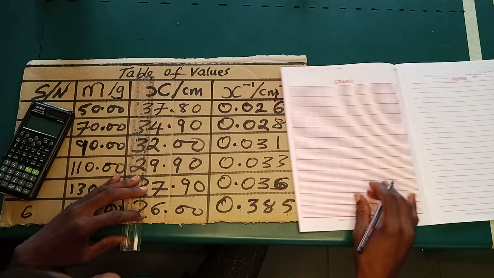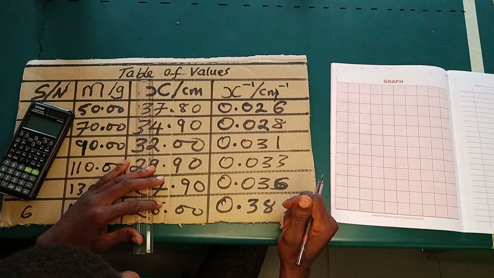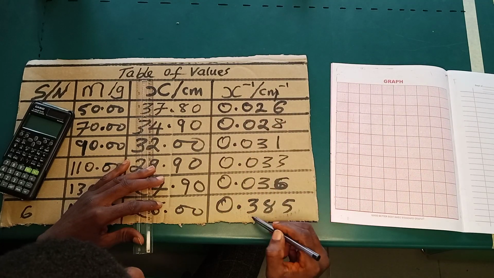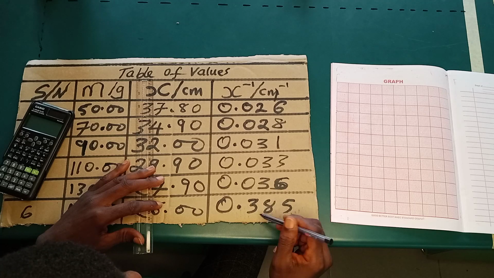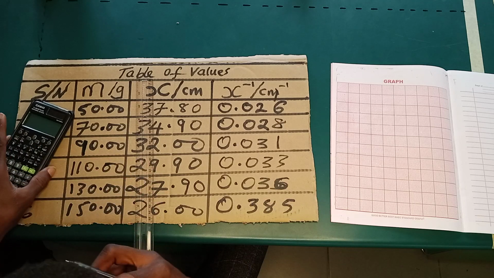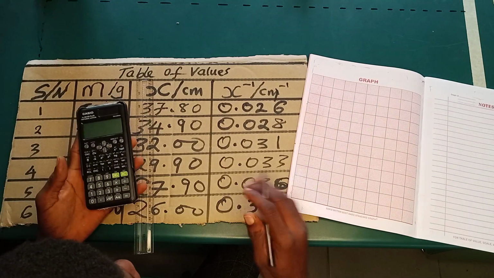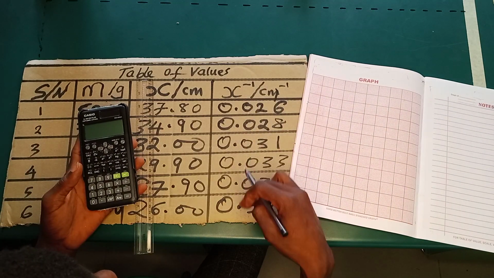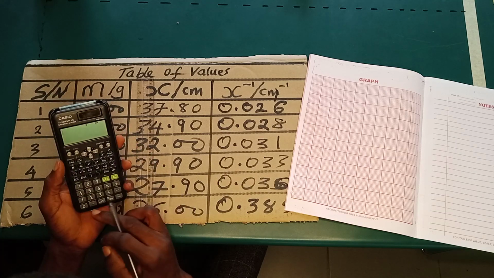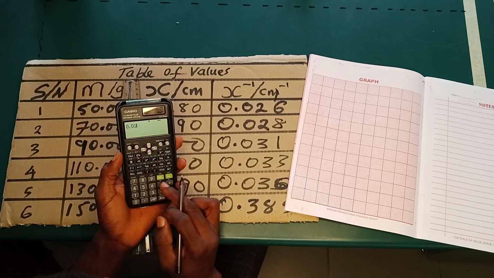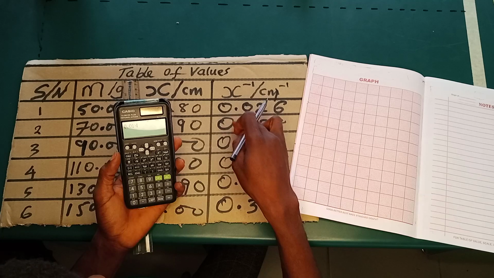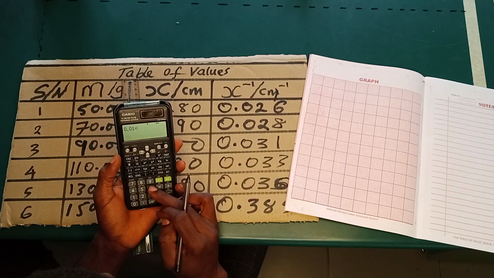Then on the x-axis, the highest value here is 0.385. Can we say 0.01? We have 1, 2, 3, 4, 5, 6. Let's try it. 0.01 times 6.